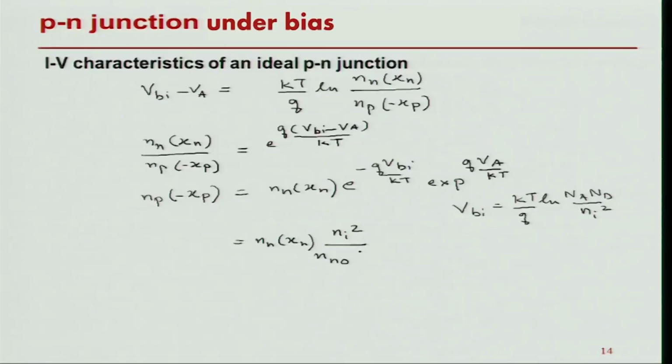That basically gives me the majority concentration in n type and the majority concentration in p type. So, we already know that n of x n is nothing but n n o.